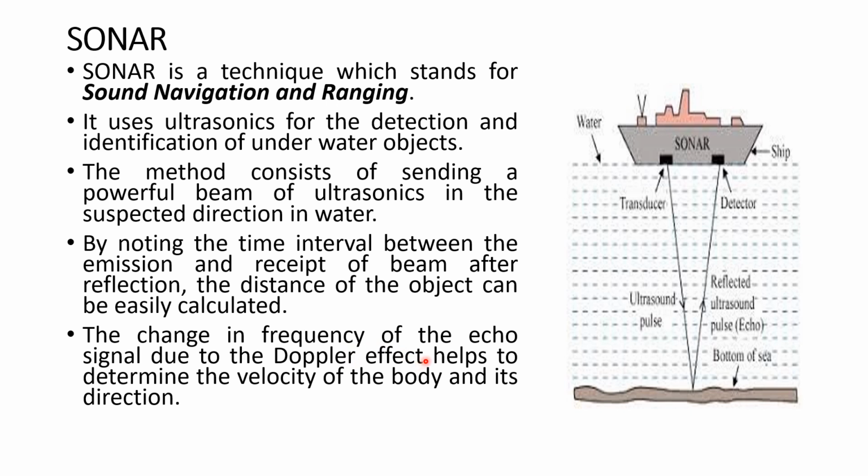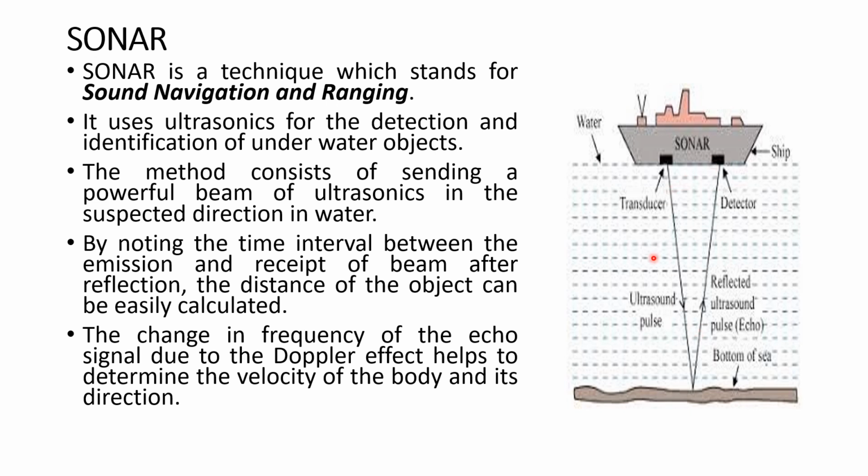The change in the frequency of the echo signal due to the Doppler effect helps to determine the velocity of the body and its direction. So, the signal is received by the sonar system, and it might have some change in the frequency.